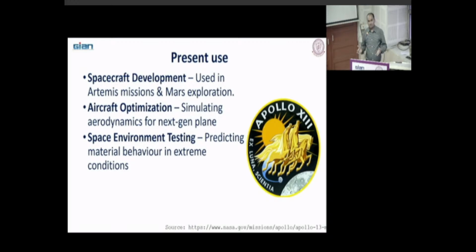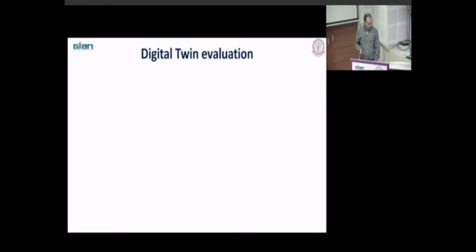Because they are flying at 200,000 miles, you need to do some testing of whatever material you are using in that spacecraft. Those kinds of tests, without actually going there, you can do here, and then check the performance of those materials. So that was the initial application of digital twin in 1970 by NASA.